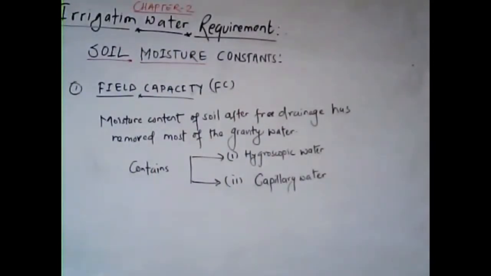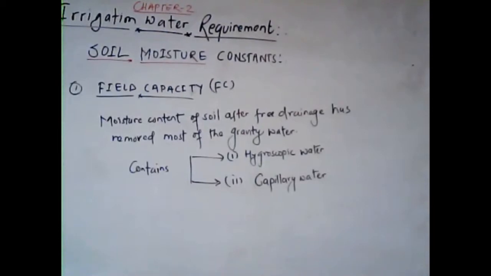Now, first we will go through the field capacity. Field capacity is a very important phenomenon that shall be assessed for each and every field. Different field crops have different field capacities. For example, paddy and wheat have different field capacities. So what is field capacity? It is the moisture content of the soil after free drainage has removed most of the gravity water.